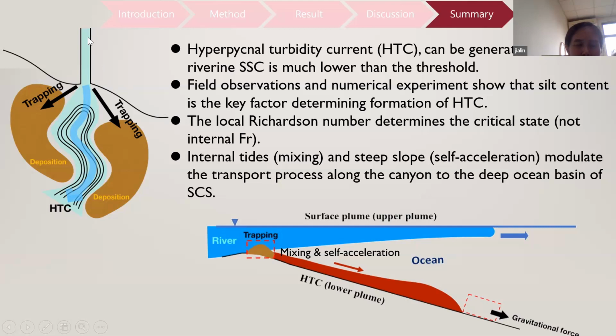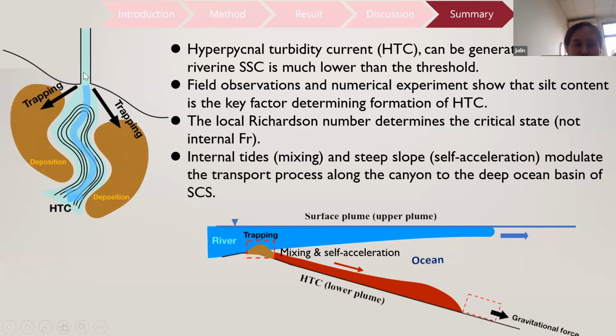So when the water with sediment comes out from the river, it will first spread to the two sides, but very quickly, because of the 3D expansion, the current velocity in the ocean becomes smaller, and the sediment coming from the river will very soon settle down on the two sides of the canyon.